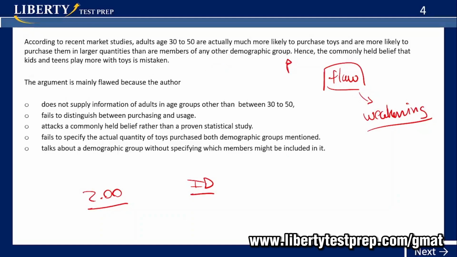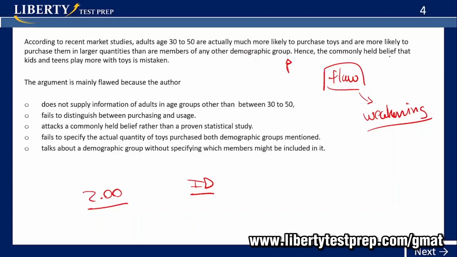They don't want you to provide new information that would destroy the argument. They want you just to point out what mistake was made in this argument. So let's read the argument. According to a recent market study, adults aged 30 to 50 are actually more likely to purchase toys and are more likely to purchase them in larger quantities than are members of any other demographic group.